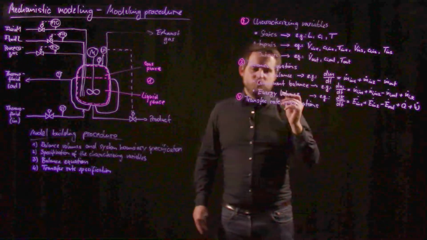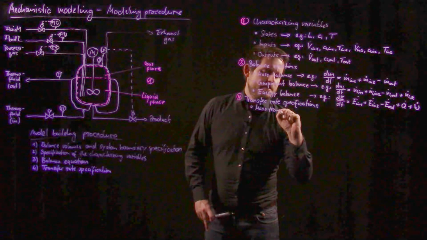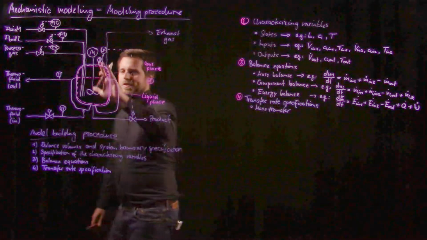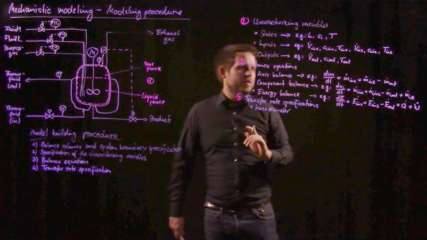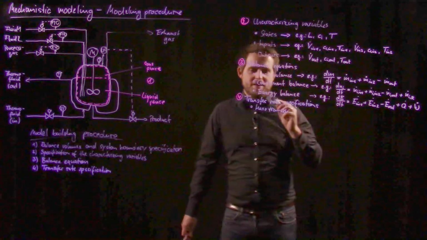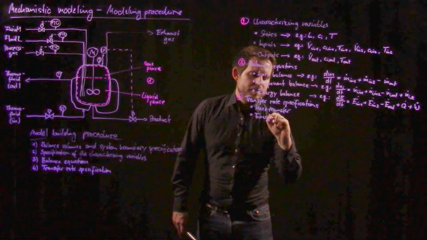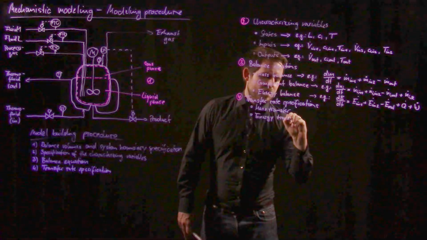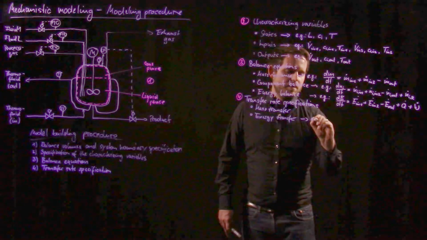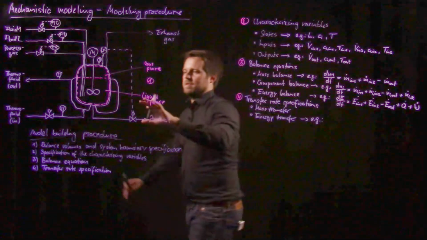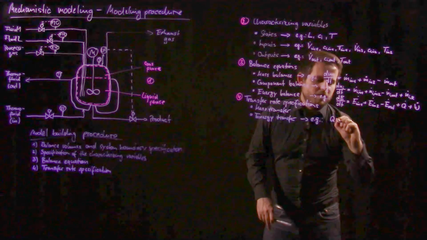And this could be an example mass transfer. So now we assumed before there's no exchange between the gas phase and the liquid phase, but if there would be, we would think about a term that describes this mass transfer. Or we could also talk about energy transfer. And this is something we considered. And an example here is the energy transfer, which is done between the volume and the jacket. So this would then be Q dot.